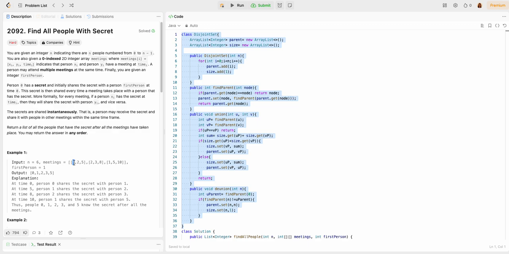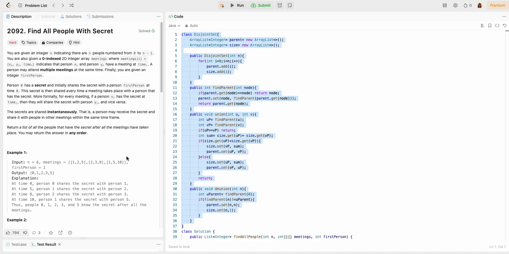So if 1 knows the secret, he will share it with 2. If 2 knows the secret, he will share it with 3, and so on. Okay, and one important thing to mention here is that it will happen instantaneously. That is, if 1 has shared the secret with 2 at time 5, and let's suppose at the same time 5, 2 is having a call with 3 as well, then 2 will pass on the secret to 3 as well.